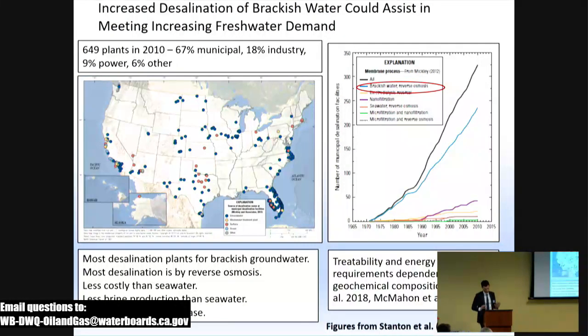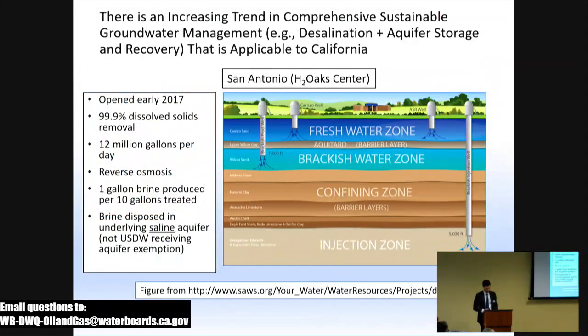As of 2010, there were about 650 desal plants, 67% municipal, 18% industry, 9% for power, and 6% other. And so, unfortunately, this is where we're going, and perhaps California in particular.